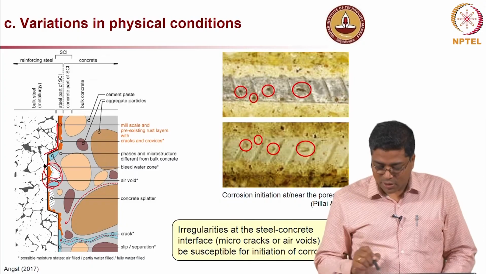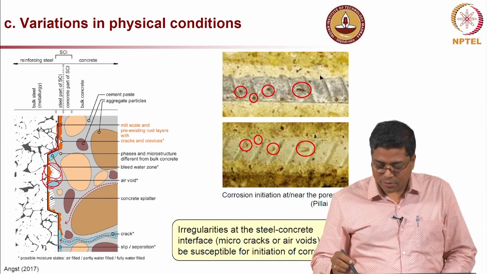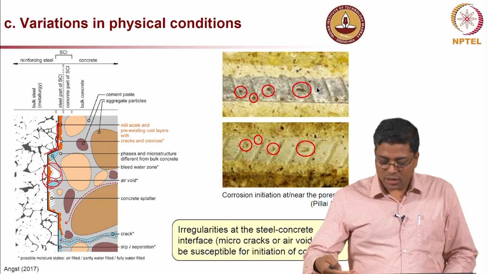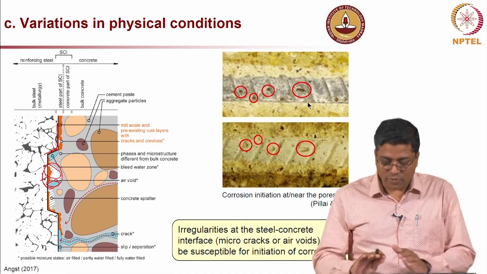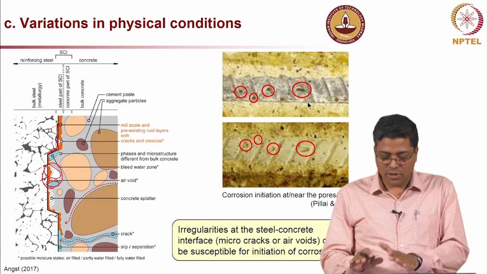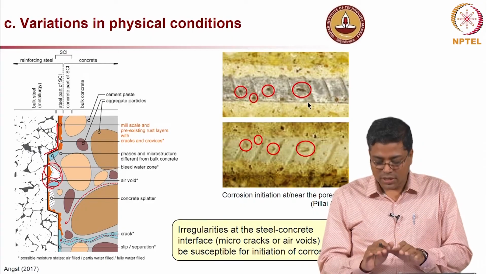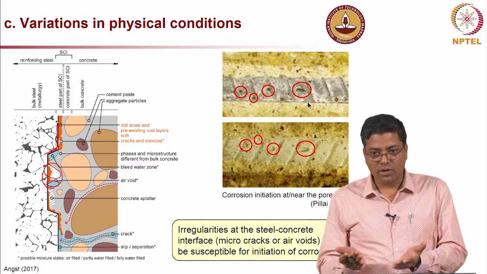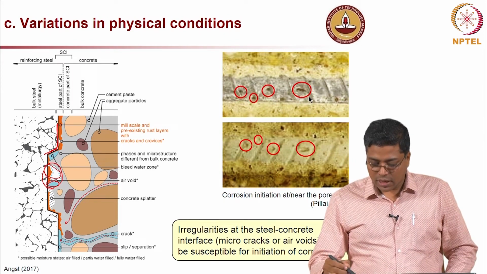Now, for example, this is a picture from our own lab, where the top picture shows the steel. After casting the specimen we exposed it to chlorides, and once the corrosion started we opened the specimen, and what you can see is an exact match.